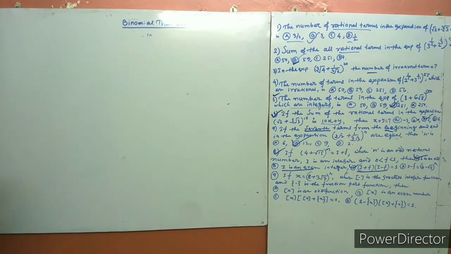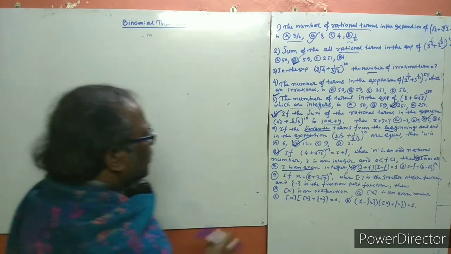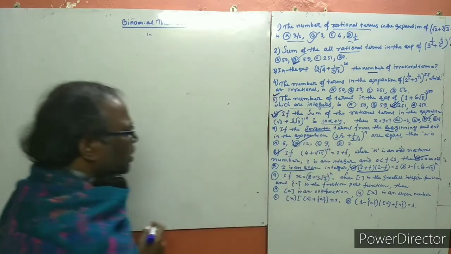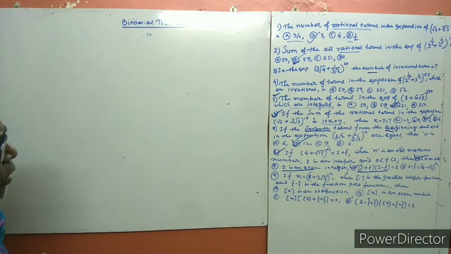And the next question is question number 6. If the sum of the rational terms of the expansion is 10x plus y, then find the value of x plus y.